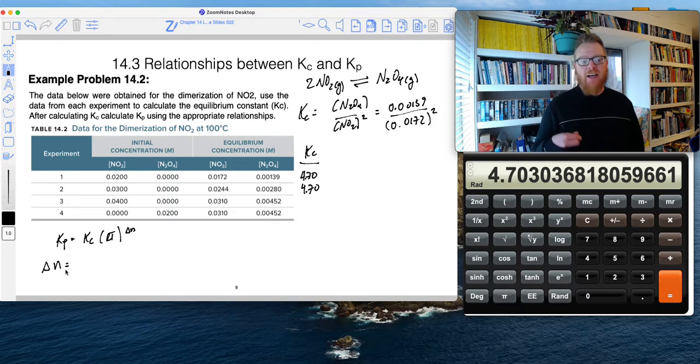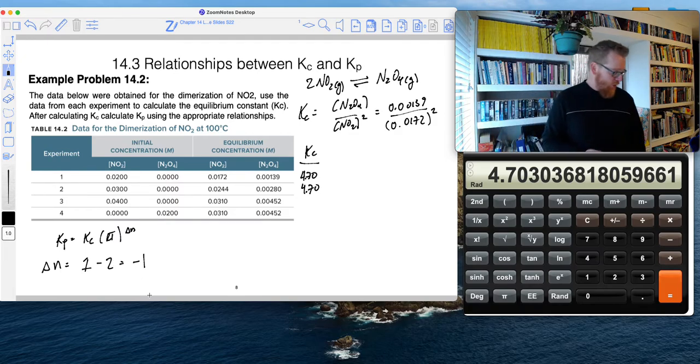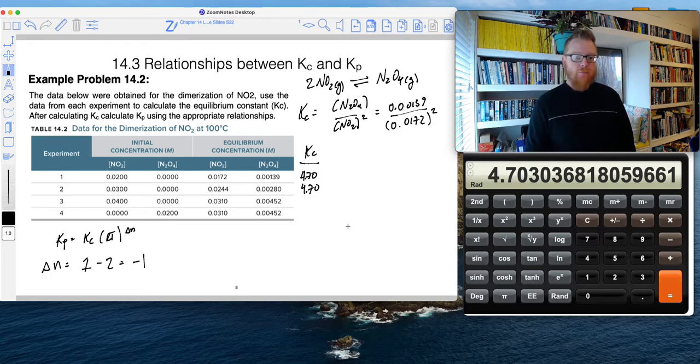If you recall, it's the sum of the stoichiometric coefficients of the products, in this case just 1, minus the sum of the stoichiometric coefficients of the reactants. Here we don't have to add it up, it's just 2. So 1 minus 2 is -1. It's important we preserve the sign on this.